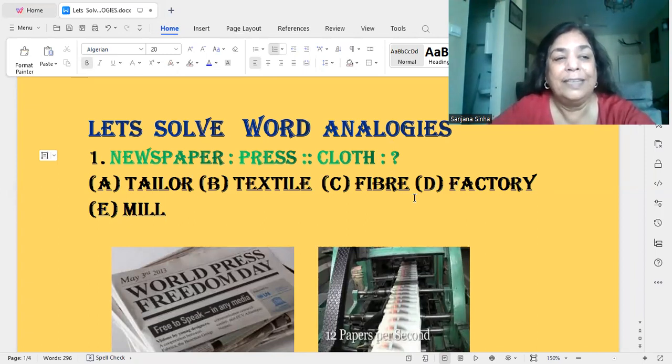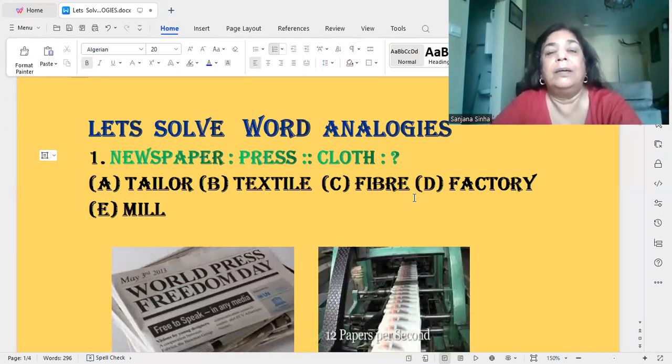The options are tailor, textile, fiber, factory, or mill. So if newspapers are prepared in a press, the cloth is manufactured in a mill. So you have to find the similarities between the two.